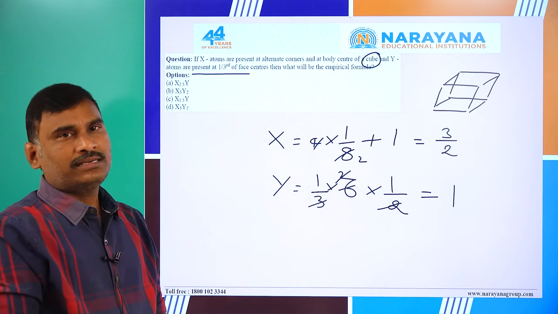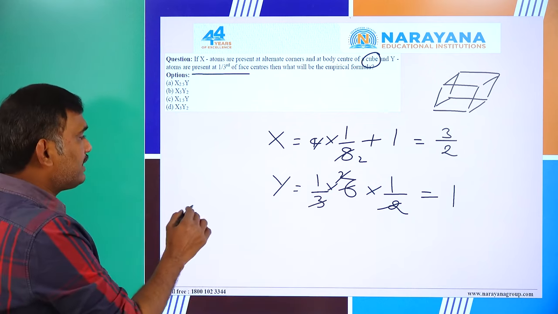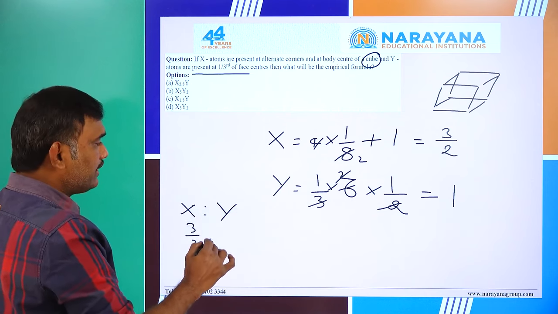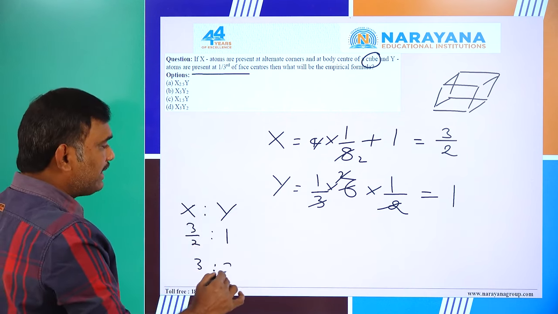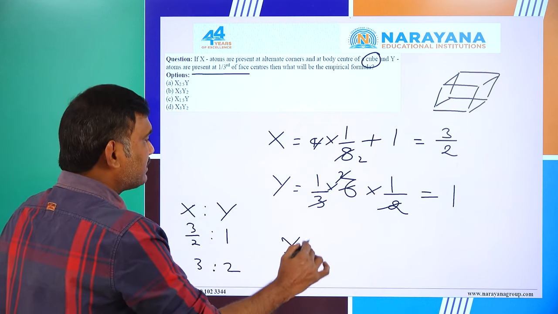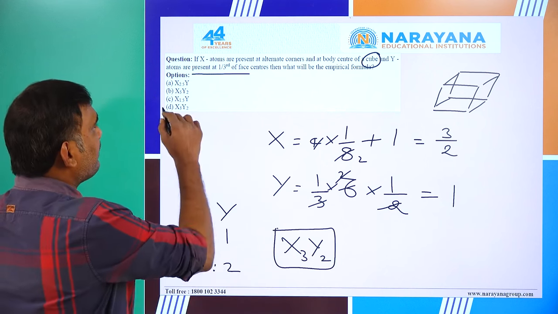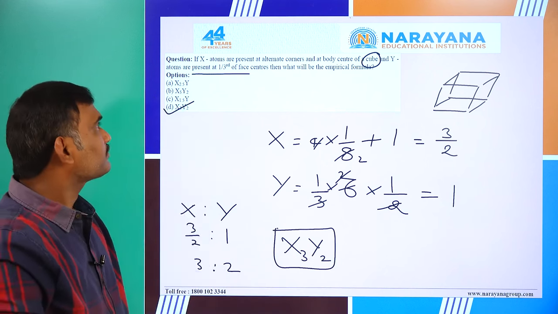That is why half of the part, that is why 1. So X and Y are in the ratio 3 by 2 is to 1, that is 3 is to 2. That means X3Y2 should be the formula of the given compound. X3Y2 is the answer.